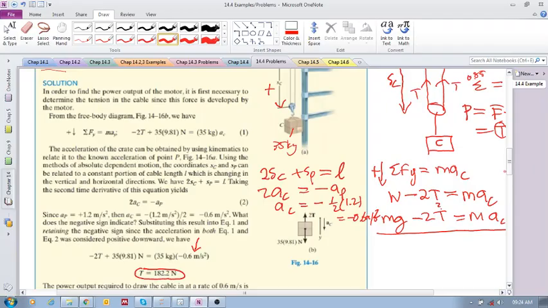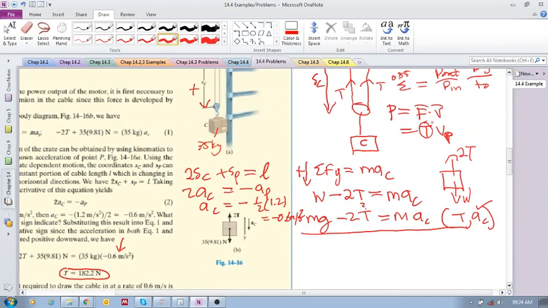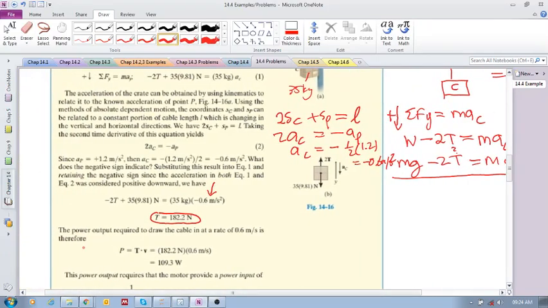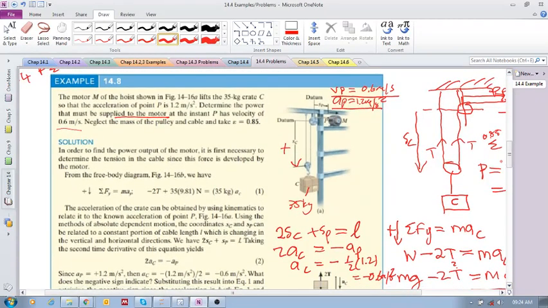Great. Now we've got our tension and we've got the velocity at P. We can calculate the power that is being supplied by the motor, power out: tension times velocity, and there we got it. Power is 109.3 watts. But we haven't solved the question yet. The question is, how much power needs to be supplied to the motor?